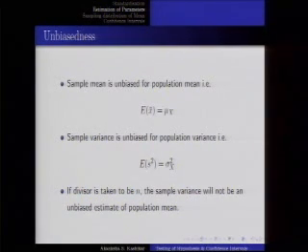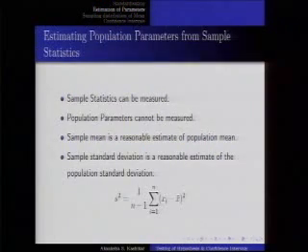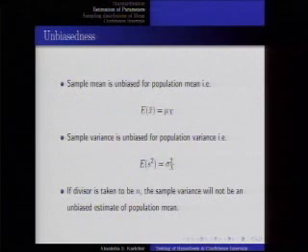And similarly, sample variance is unbiased for population variance. And to get this unbiasedness, we basically have n minus 1 here in the denominator instead of n. Otherwise we could do it with n also, but then it doesn't remain unbiased, and so if we want unbiasedness, we take n minus 1.